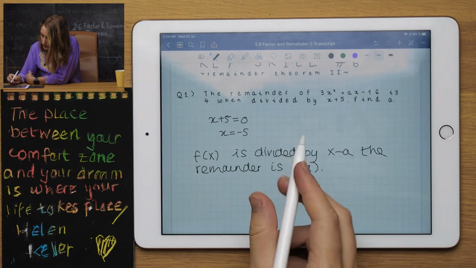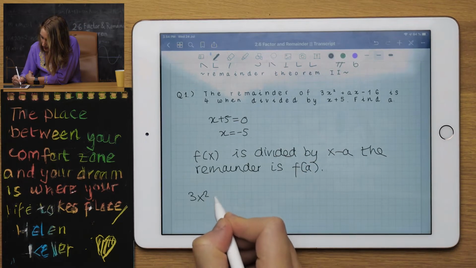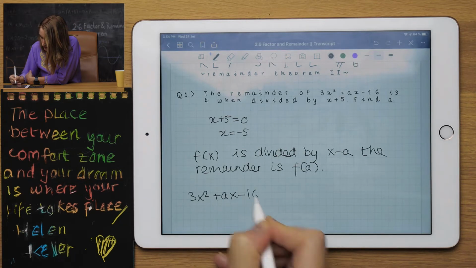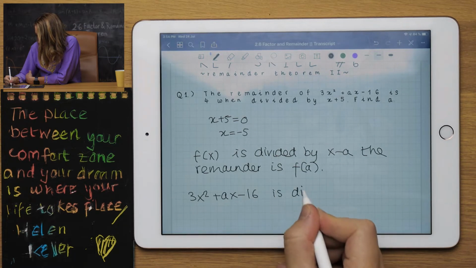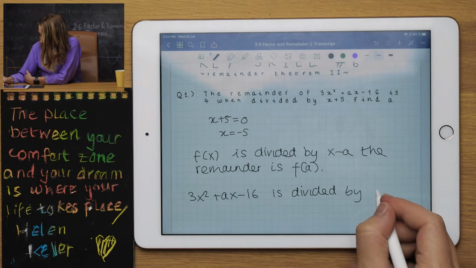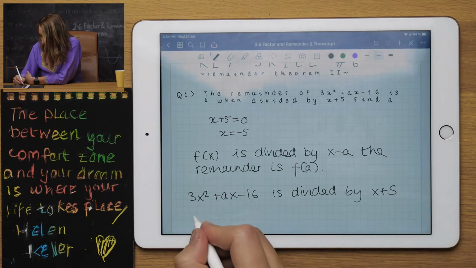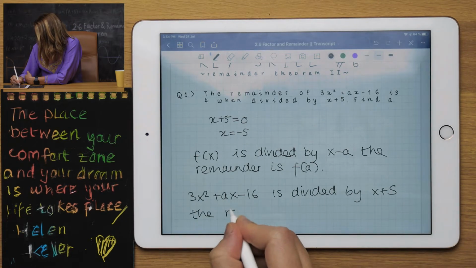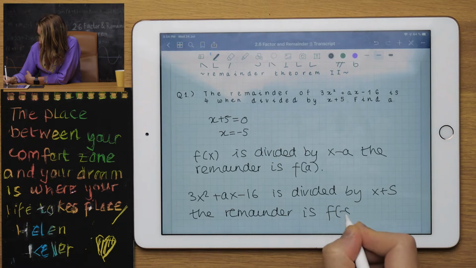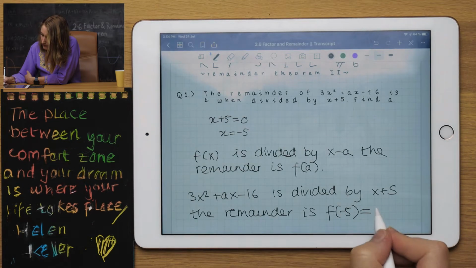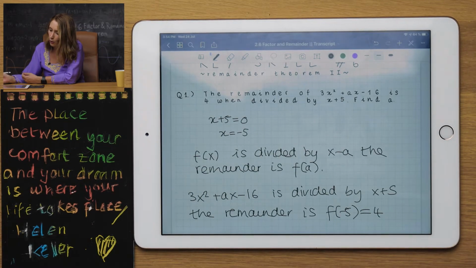So for us, when 3x squared plus ax minus 16 is divided by x plus 5, the remainder is f of minus 5. And we know that f of minus 5 is 4 because they've told us that in the question.